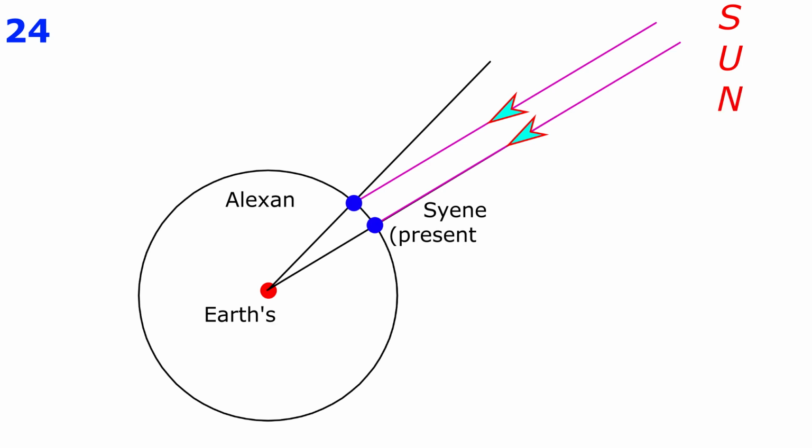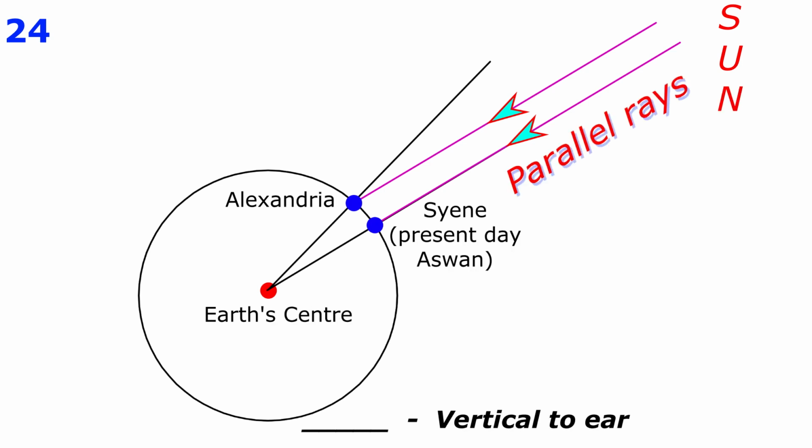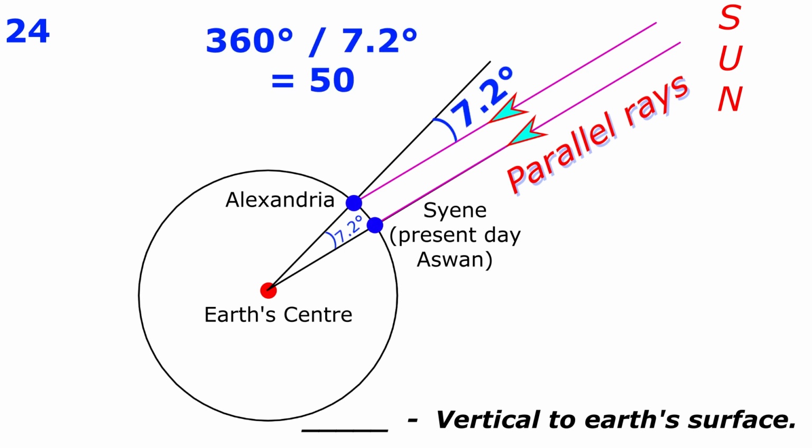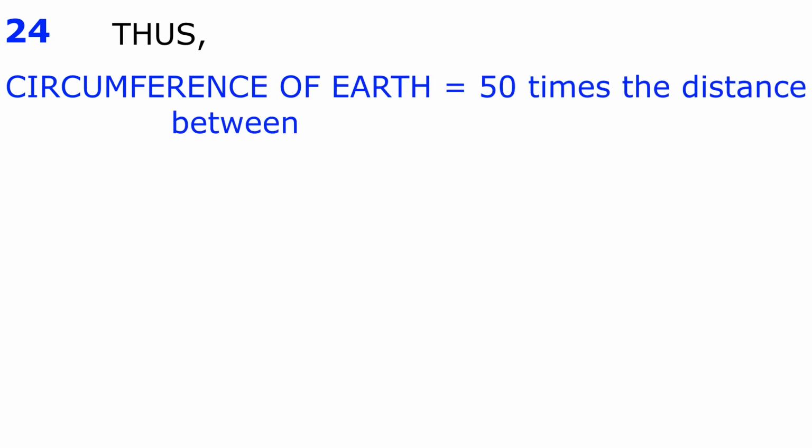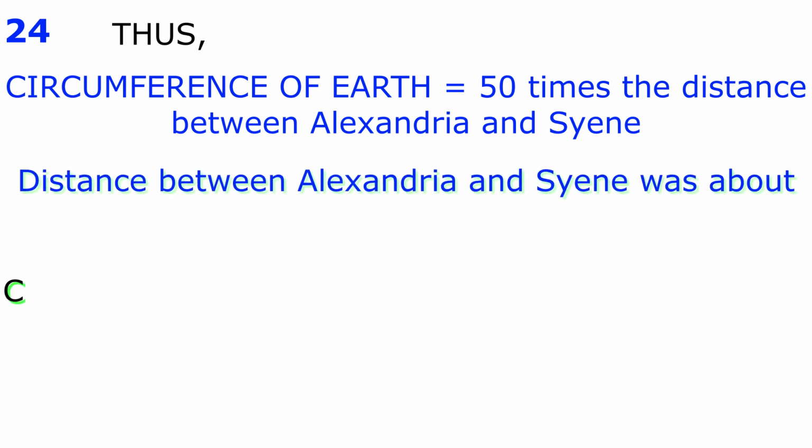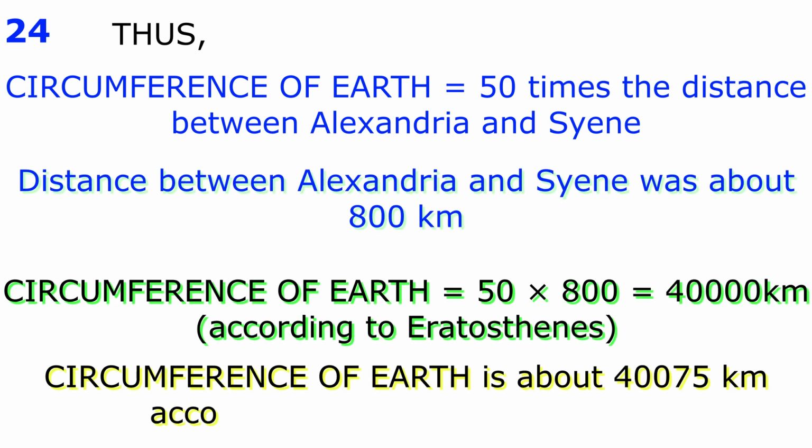Having observed that the angle of the sun differed by about 7 degrees, which is 1/50 of a circle, he concluded that the circumference of the earth must be 50 times this distance between the cities, which was about 800 km. Friend, follow the screen.